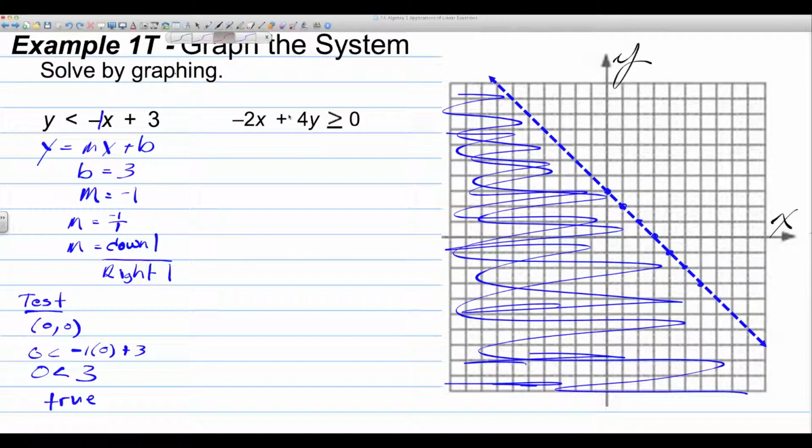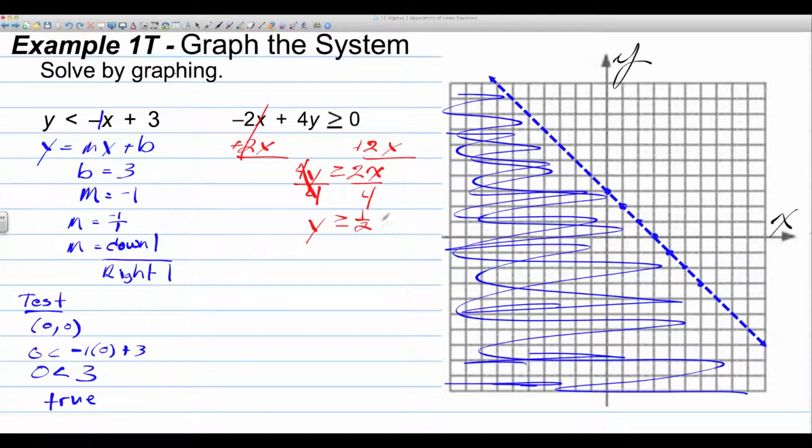We can easily solve this for y by adding 2x to both sides. The 2x's on the left cancel, giving us 4y is greater than or equal to 2x. Then I divide both sides by 4. The 4's on the left divide out, leaving us y is greater than or equal to 1/2 x.